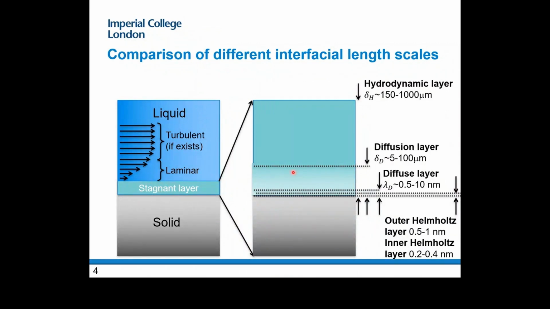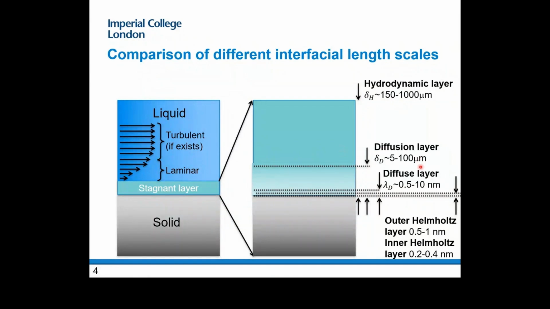Now, this stagnant layer is further divided into a number of different layers. We have the so-called hydrodynamic layer, which is the region over which the electrolyte is stagnant, that is, it isn't moving. And typically that, for most typical electrolytes, is of the order of 150 to 1,000 microns thick.